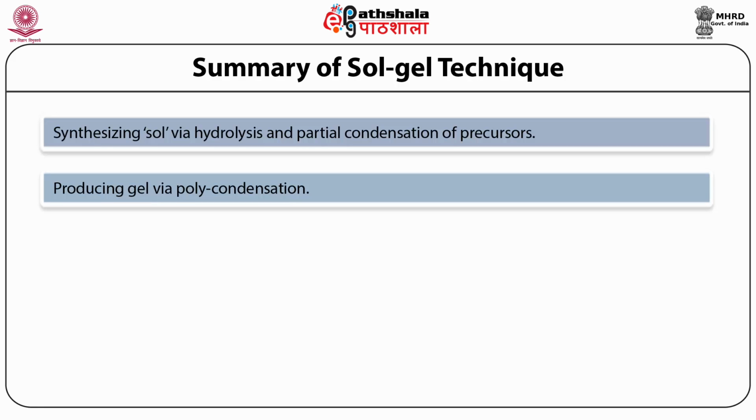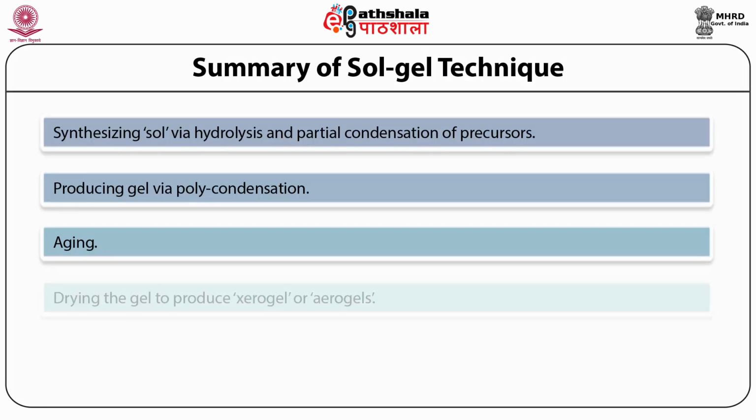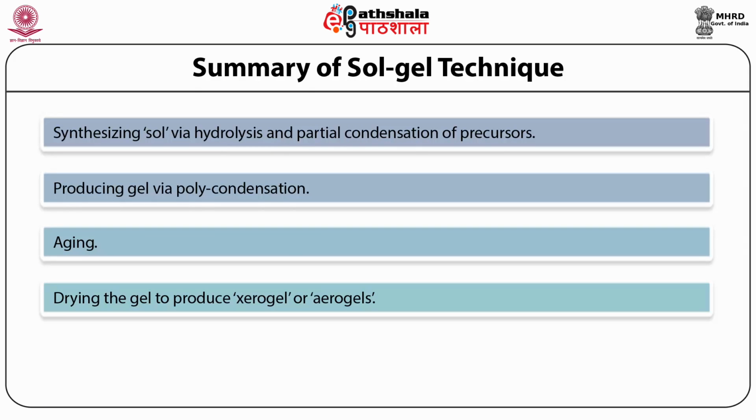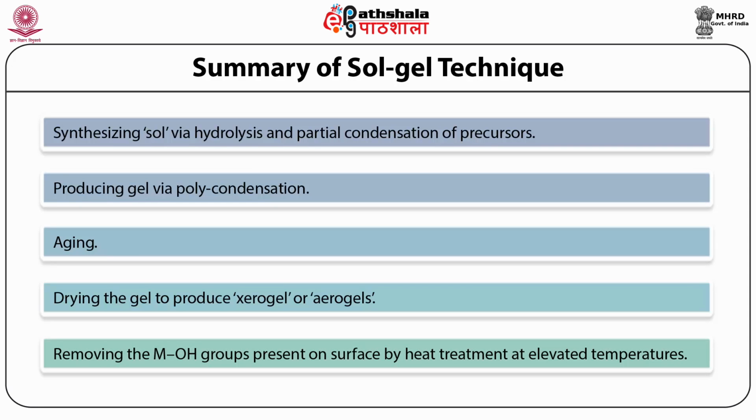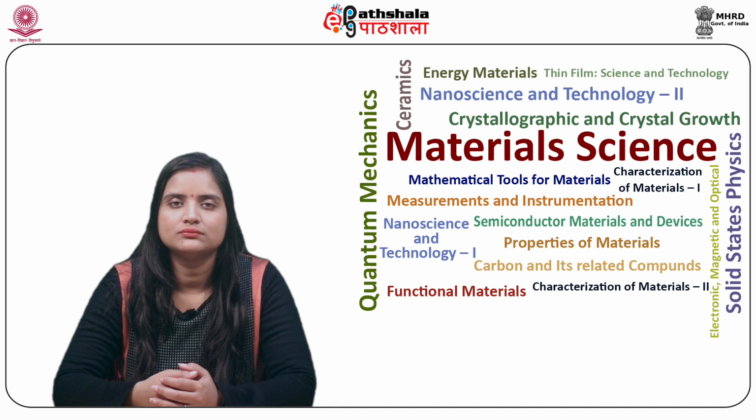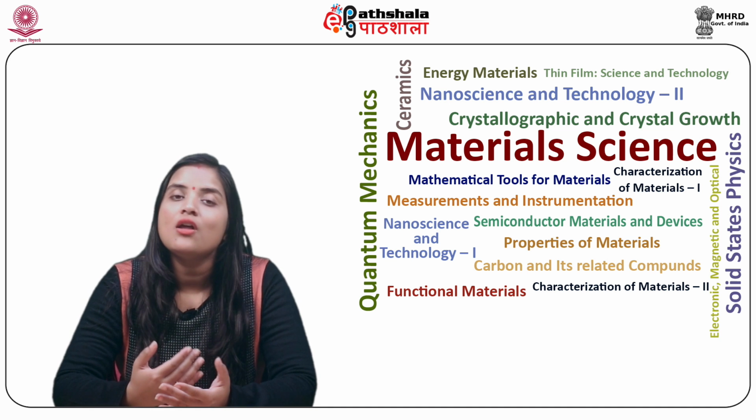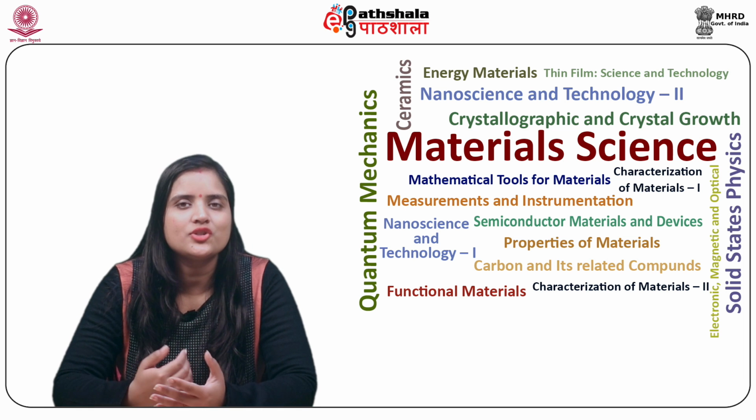The next step is the aging, then the drying of the gel to produce xerogels or aerogels. Then removing the M-OH groups present on the surface by heat treatment at elevated temperatures. Let us study the origin of sol-gel processing.